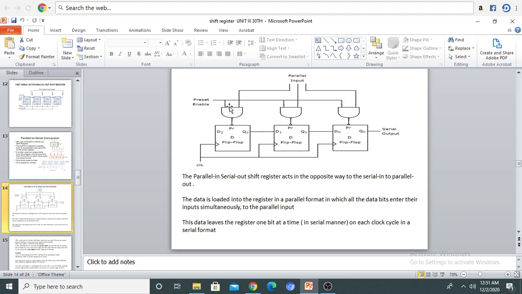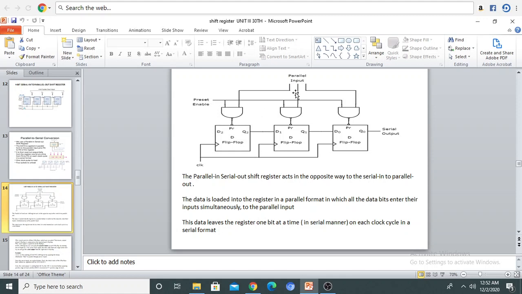Here we are entering the data in parallel, getting the data from the register in serial, hence it is called parallel in, serial out. Here you set preset enable equal to 1. When you apply 0 to this input, you will get Q2 equal to 0.